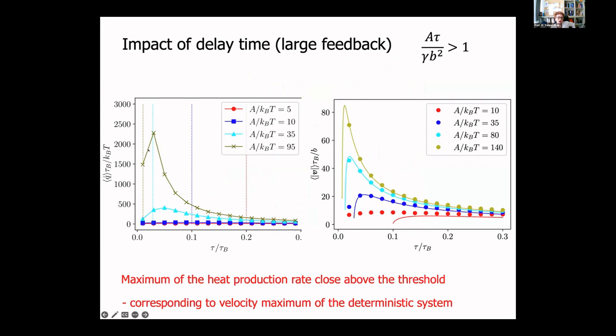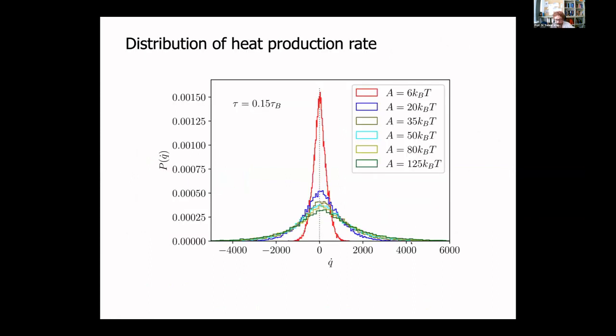We see a maximum close above the threshold of persistent motion. This corresponds to a velocity maximum, which we see already in the deterministic system, and which just comes from the fact, again, that we have a nonlinear potential and therefore also a non-monotonic dependence on this delay time. Okay, this is basically what we have for this average heat production rate.